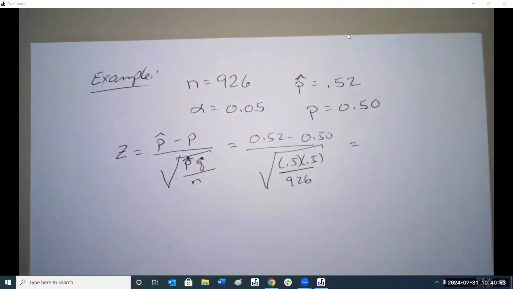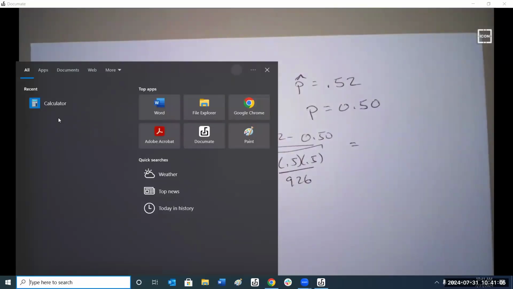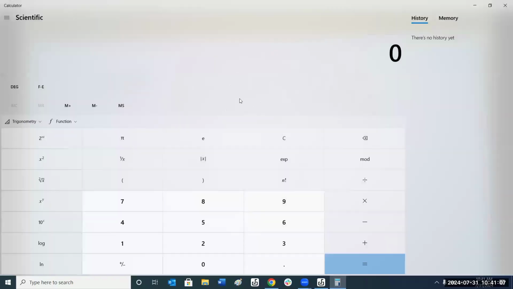So what does that equal? Let me use my calculator. On top, it's just going to be 0.02.